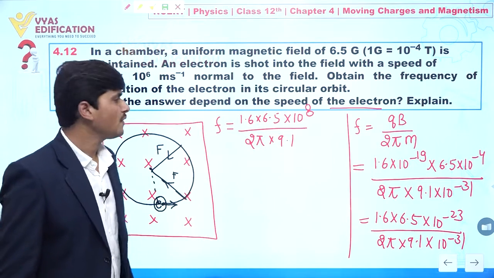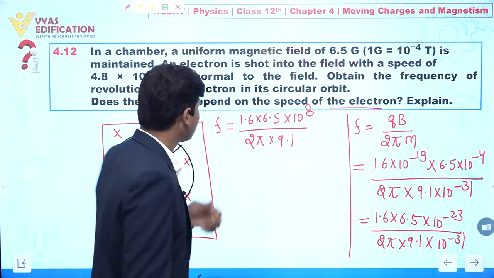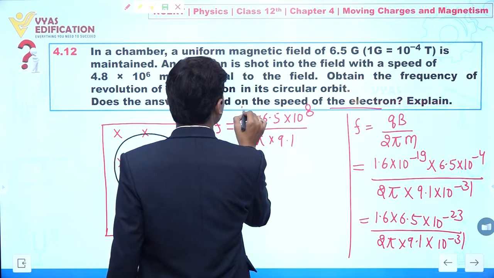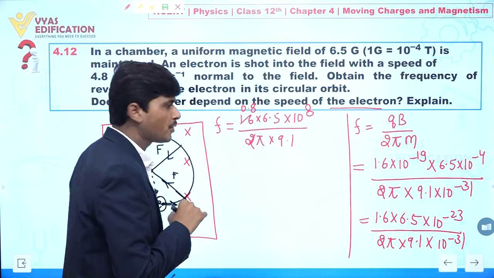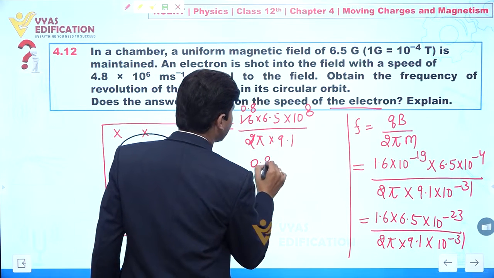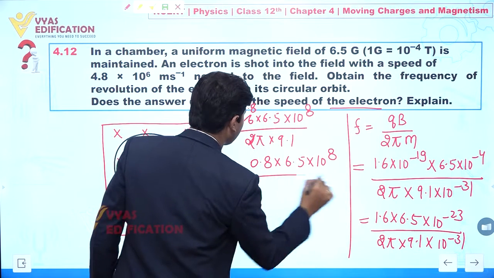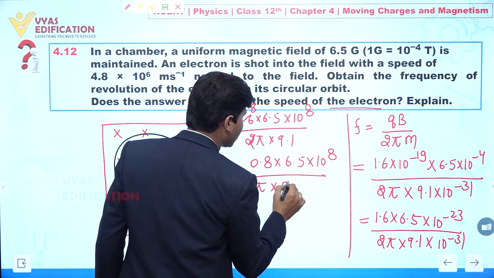Now here we have 1.6, so let's suppose this is 0.8. So f is given by 0.8 into 6.5 into 10 to the power 8 divided by pi multiplied by 9.1.